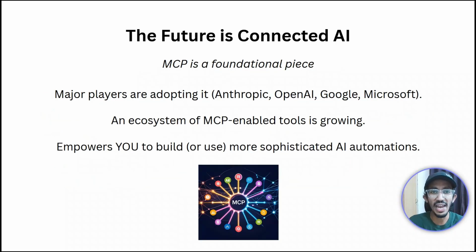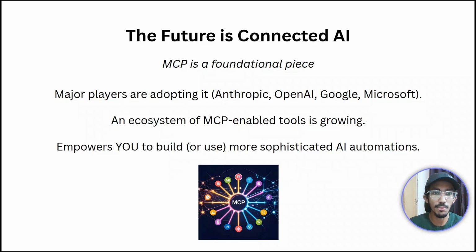The future of AI in business is deeply connected AI, and MCP is a crucial foundational piece making that happen. We are seeing major players like Anthropic, OpenAI, Google, and Microsoft either developing, adopting, or supporting this standard.